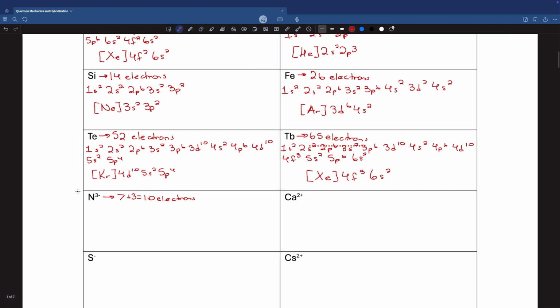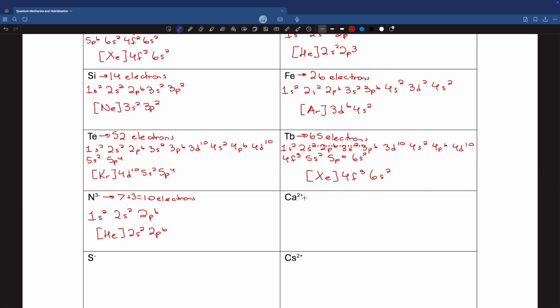And so we'll have 1s2, 2s2, and then we're left with 6 electrons, and the 2p can take all of those remaining electrons. Our largest noble gas, which has less electrons than nitrogen, is helium, which ends up 2s2 and 2p6.